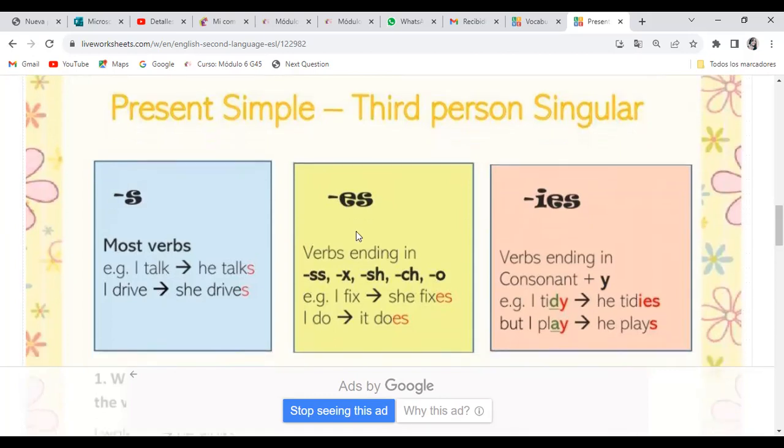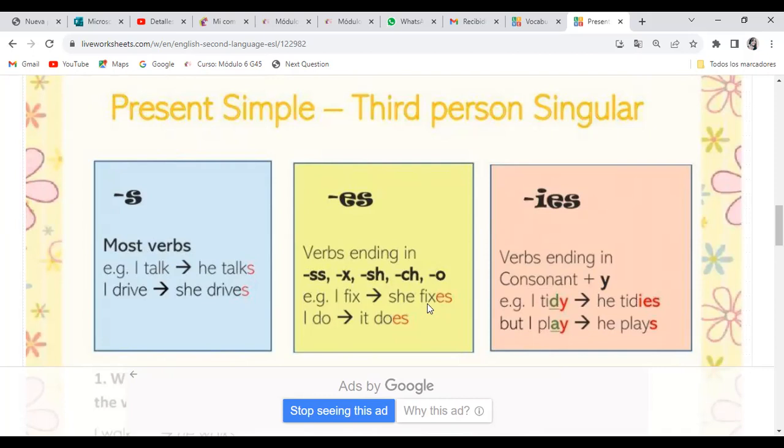So what about the second ending? Look at this. The second ending is ES. Well, if we find verbs that end with double S, X, CH, SH, or O, we add ES to the verb when we conjugate it with the third person singular. For example, I fix, she fixes her car.